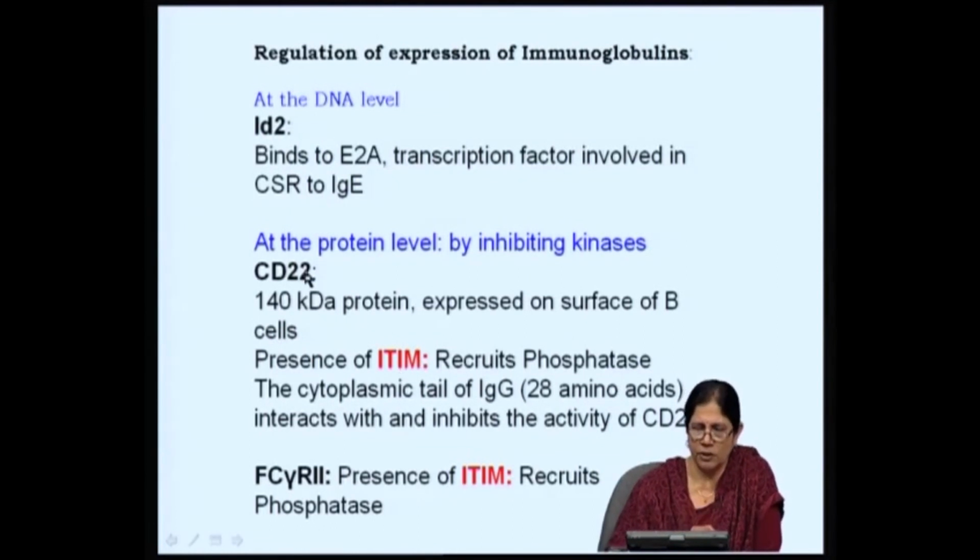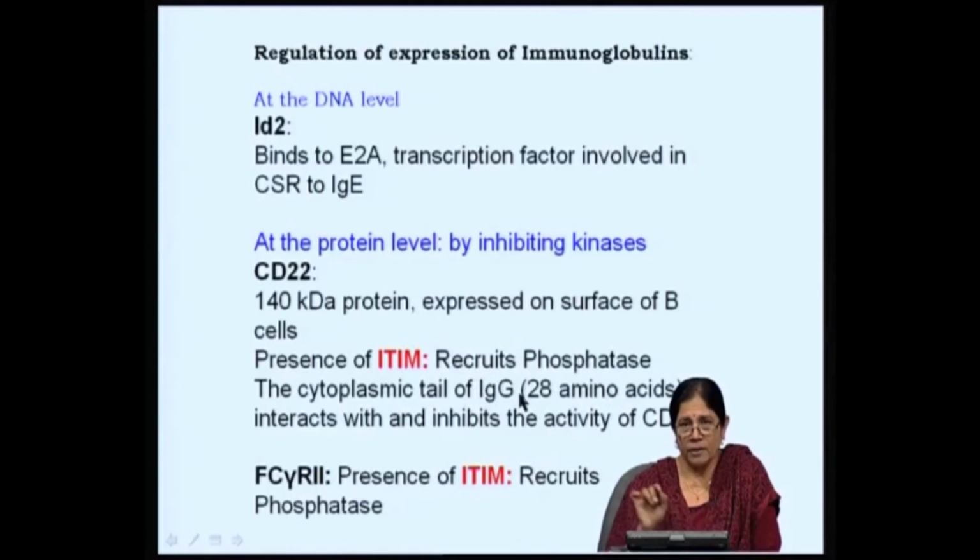So, that is what CD22 does, but how does it do that? Interesting that the cytoplasmic region of the IgG, again I hope you remember this, has 28 amino acids as opposed to only 3 amino acids of IgM and IgD. Now, what does the cytoplasmic tail do? It does not have ITAMs.